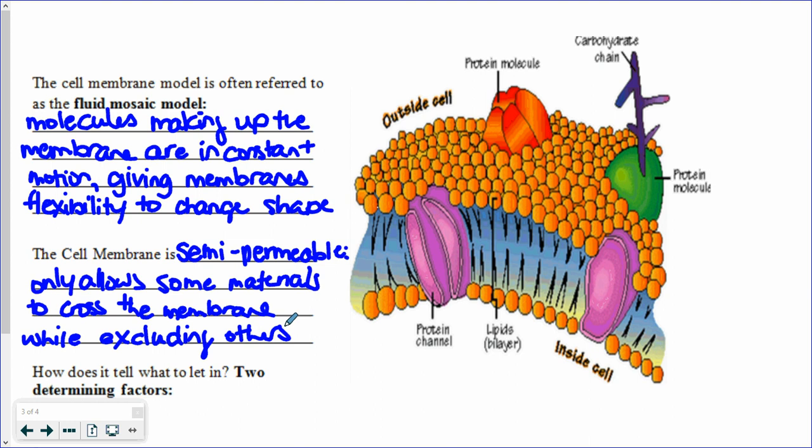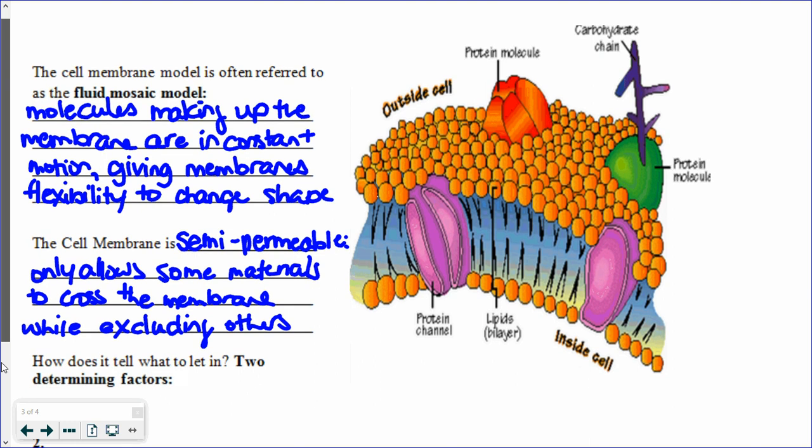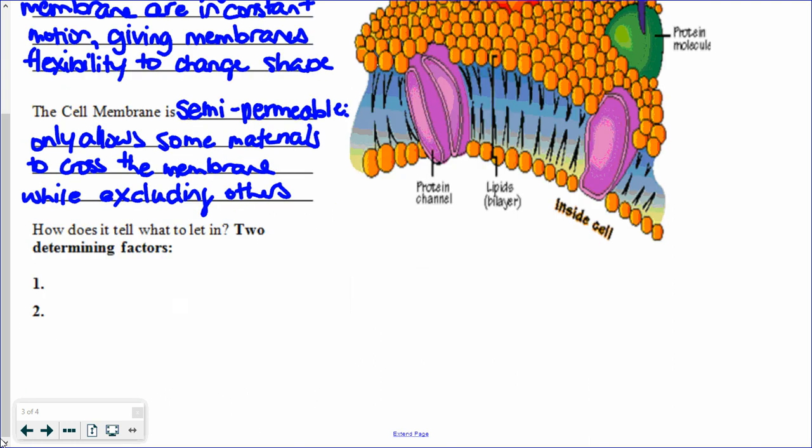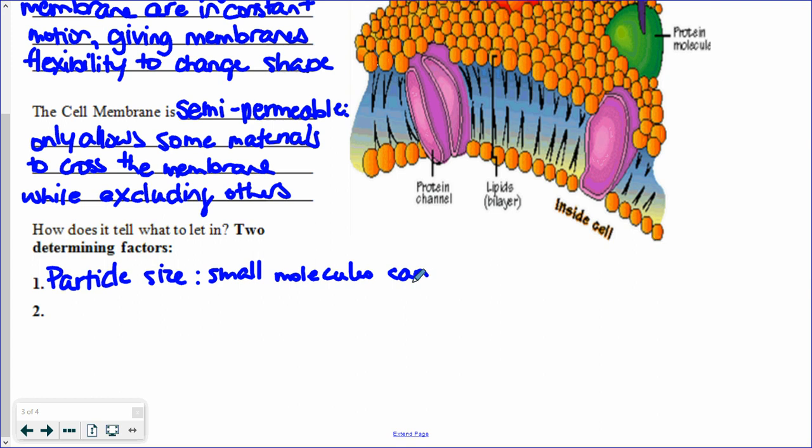And so how does it decide what to let in? One thing that I've talked about already, so two factors, is particle size. If something's really big, it can't easily get through. So small molecules can get through, while others cannot.